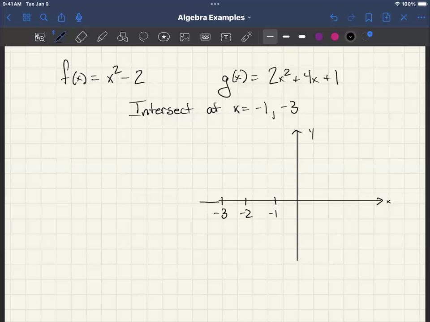Let's look at the first one that we have. f of x is equal to x squared plus 2. Let's see if we can draw this one up. Now, the nice thing about this function is that when x is equal to 0, our y value is equal to 2.